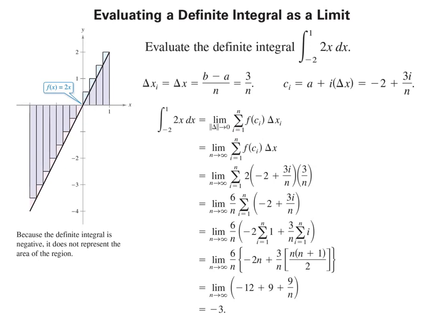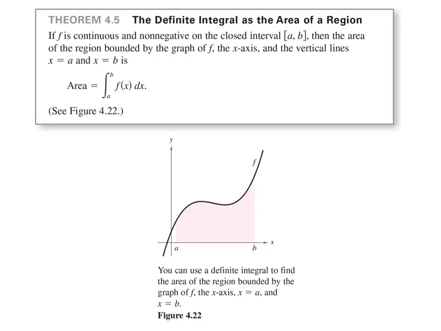We can apply the limit process that we've been working on in the last video, and you'll end up with -3, much like you would with the limit process if it was n. But something to note here is because the definite integral is negative, it actually doesn't represent the area of the region.